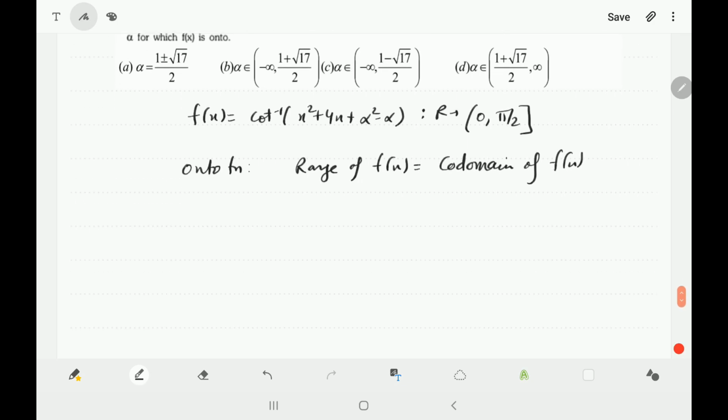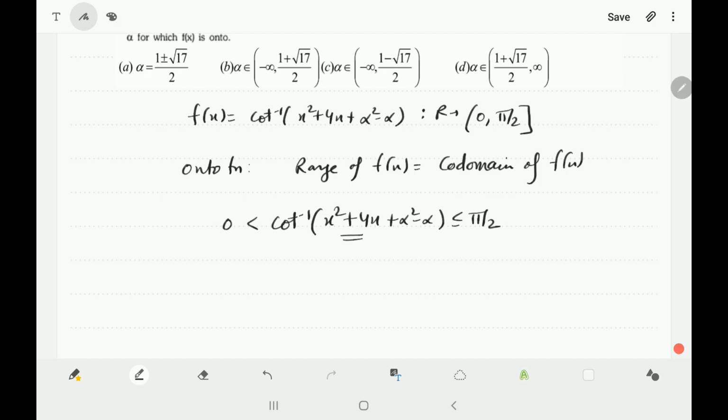So we have to make sure that cot inverse of x square plus 4x plus alpha square minus alpha should have a range of 0 open, pi by 2 close. Now we already know that cot inverse x has a domain of x belongs to R, so we need not worry about the inside term.